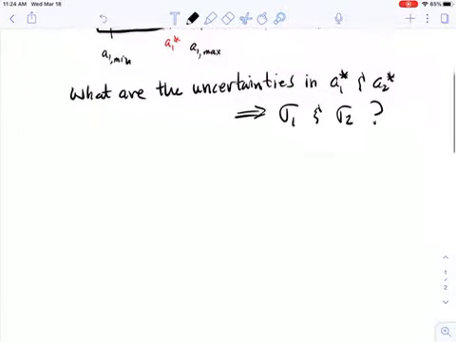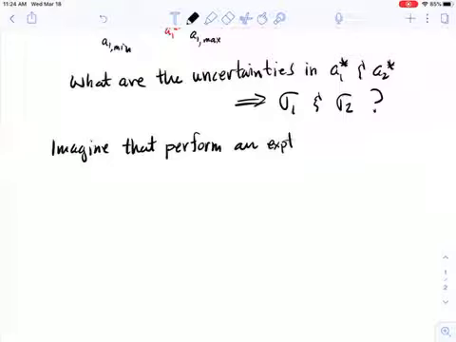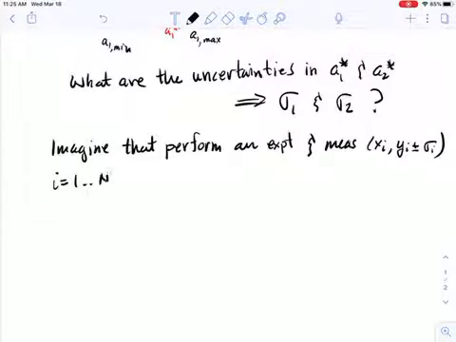Okay, so let's do the usual thing that we do. We imagine that we perform an experiment and we measure x versus y, so we have xi and yi plus or minus sigma i for i equals 1 to n.